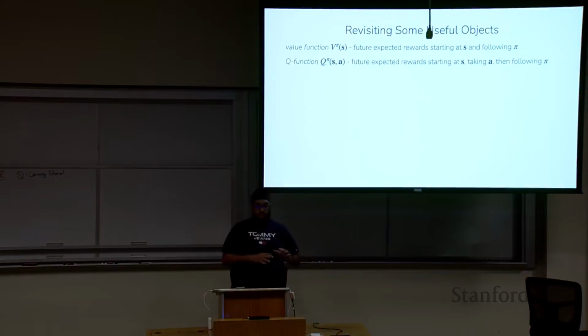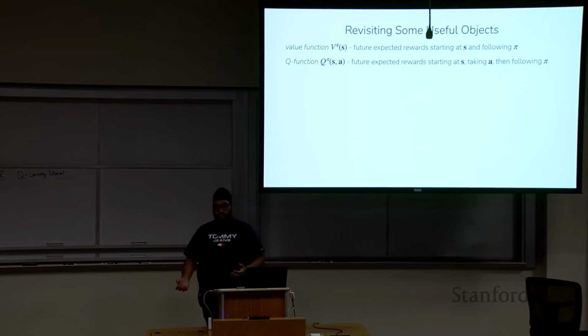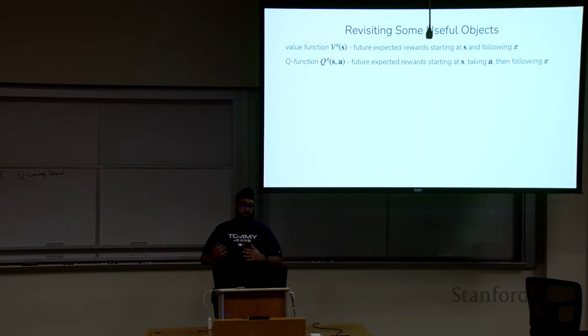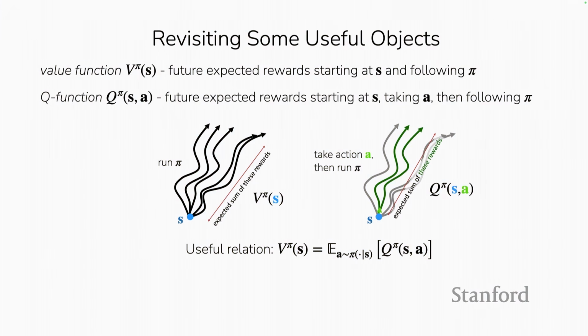Both of these quantities are an estimate of how good either a current state, or a state and a particular action, is, to give you guidance for your policy in terms of what actions you should potentially take. If we look at a set of trajectories as seen here, your value function, which is only conditioned on the state, estimates from a given state how well you will do going forward if you follow your policy.